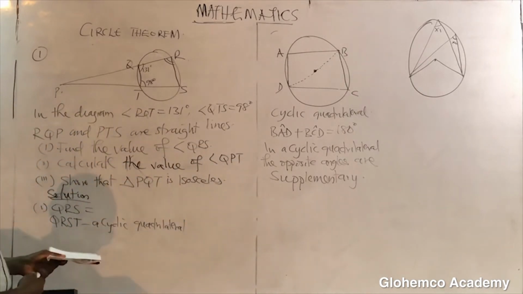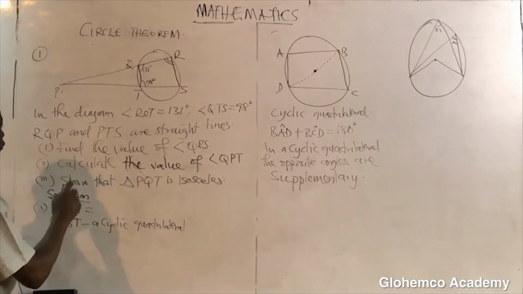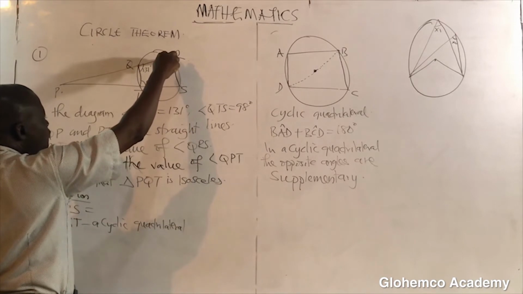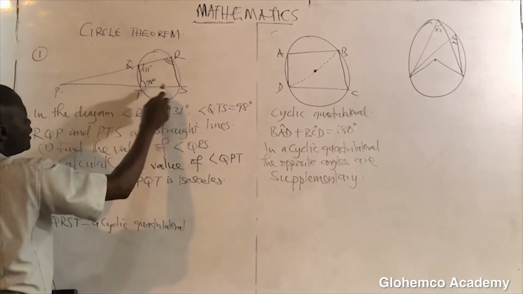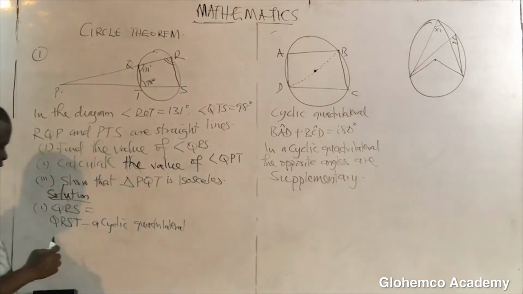So in this case, we want to find QRS. Which one is opposite to it? The one opposite to it is QTS. These two angles are opposite to each other.